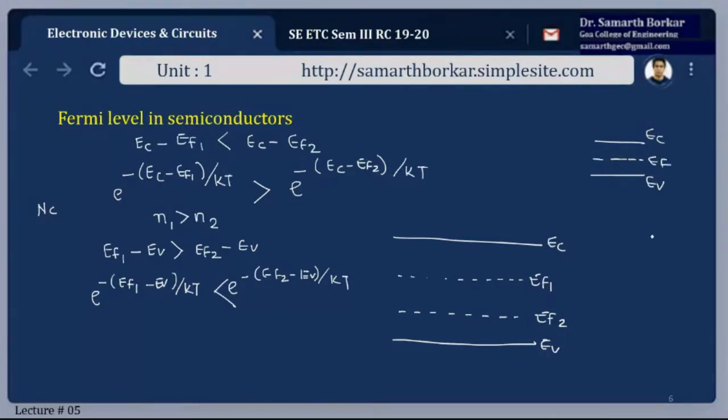Now, for our understanding, the entire objective of this diagram is: what if I shift the value of EF? Typically for an intrinsic semiconductor, it is right at the center. Now what if I shift this Fermi level to the top and the bottom? What effect will it have on the concentration?